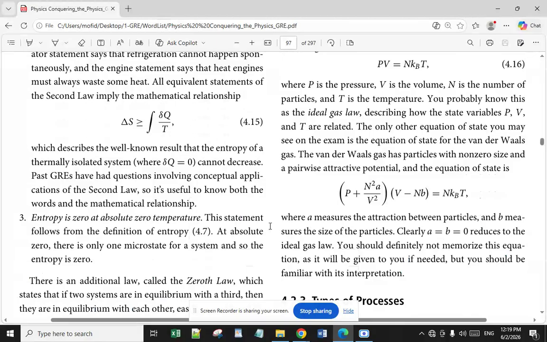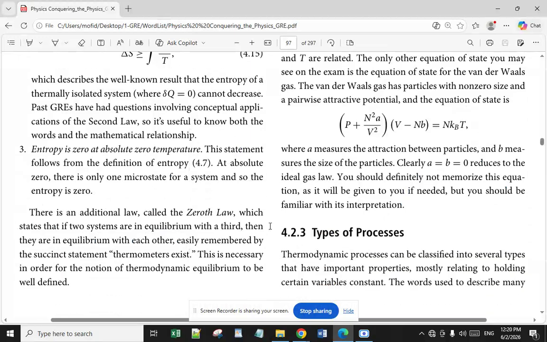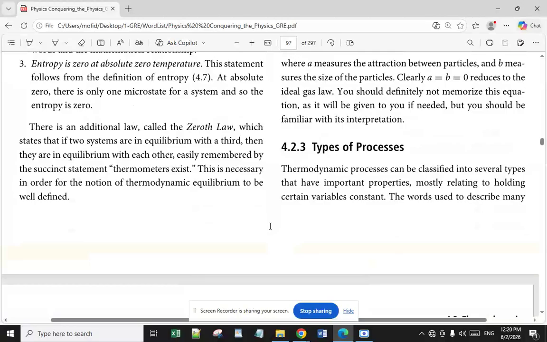You should definitely not memorize this equation as it will be given to you if needed, but you should be familiar with its interpretation. Now I want to go through the types of processes.